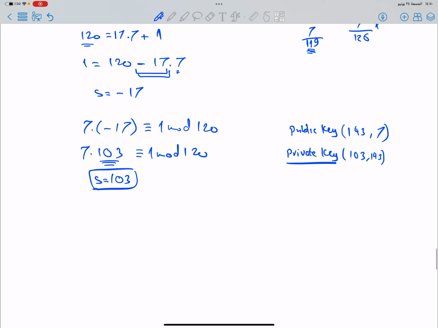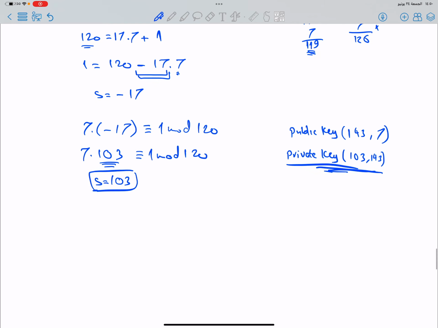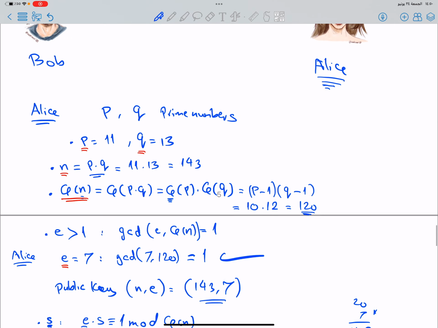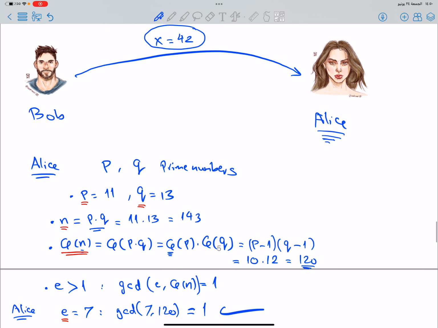Okay, this is the private key. This is very geheim, or secret, yeah, top secret. Okay, now we are done with Alice.